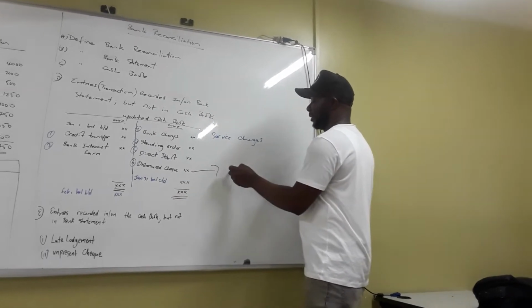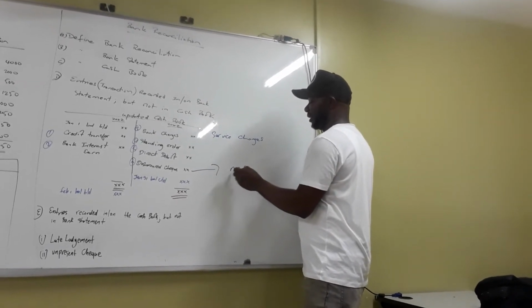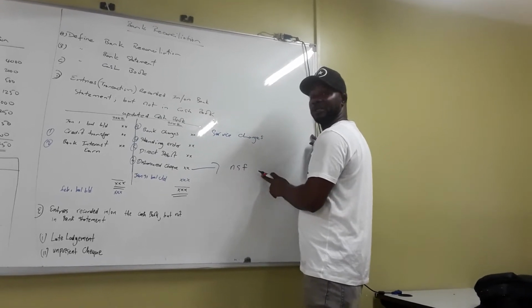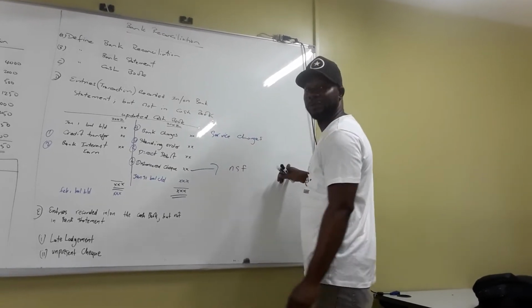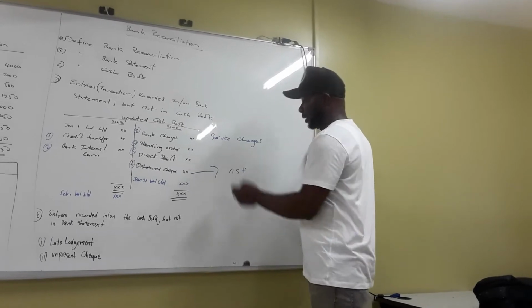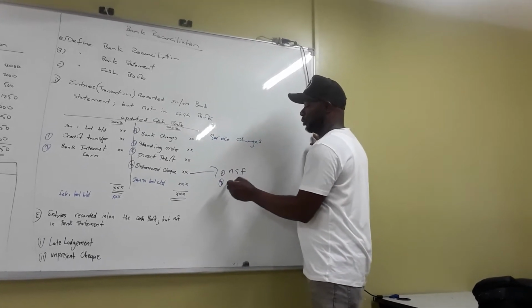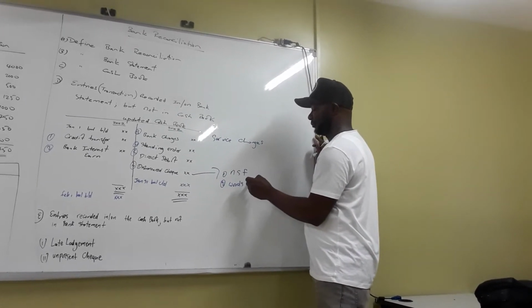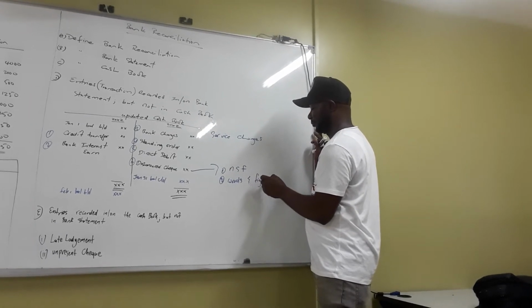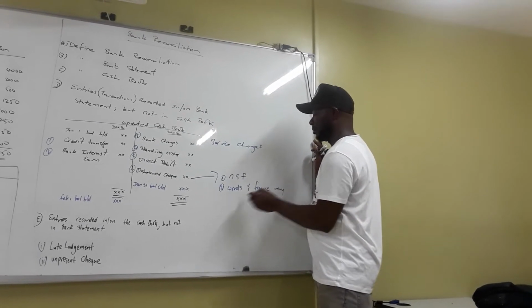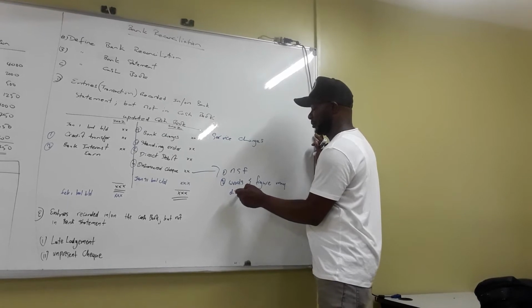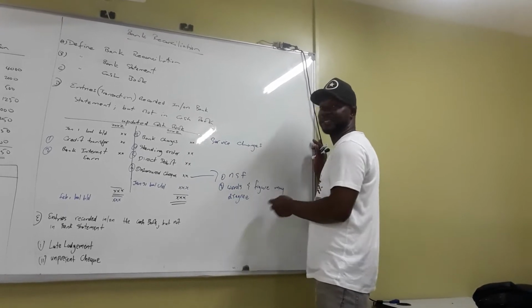One of them could have been NSF, meaning not sufficient funds, meaning that the account holder doesn't have sufficient funds in their account. So that would be 1. 2, words and figures may disagree.